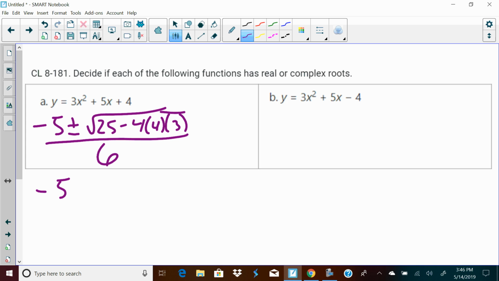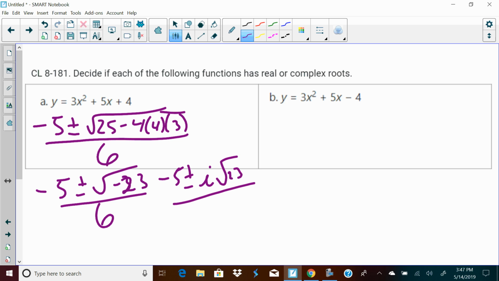So I get negative 5 plus or minus the square root of negative 23, divided by 6. So this is going to have an i in it. It's going to be negative 5 plus or minus i radical 23, divided by 6. So this is complex.